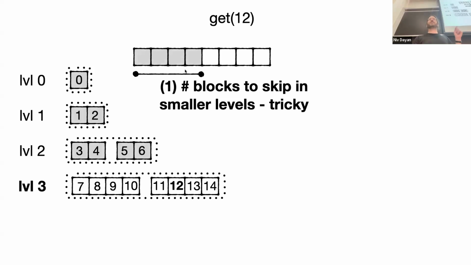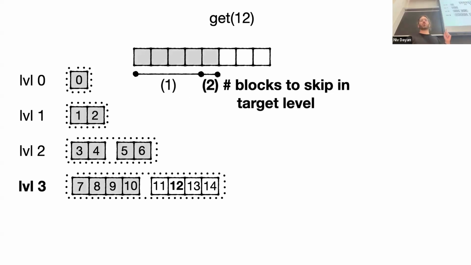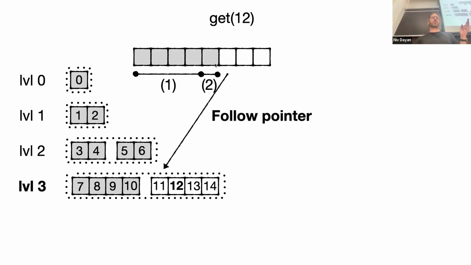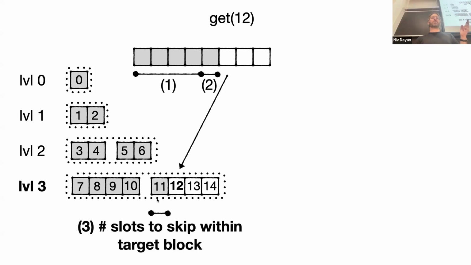That's the first component. Second component is we want to figure out within the target level how many data blocks we want to skip. We're going to add that. So here we have to skip 1 data block. And third, we might follow a pointer over here to this data block. And finally, we need to also infer how many slots we want to skip within the target data block. These are the 3 things we need to handle a query.